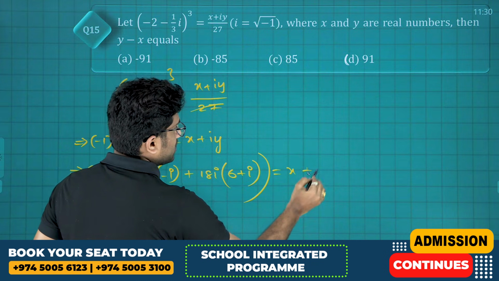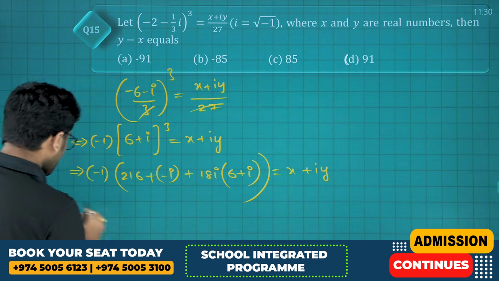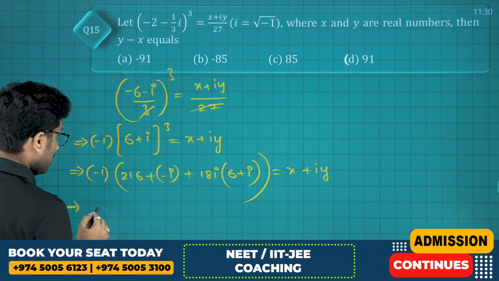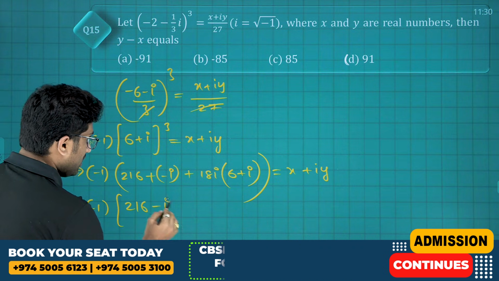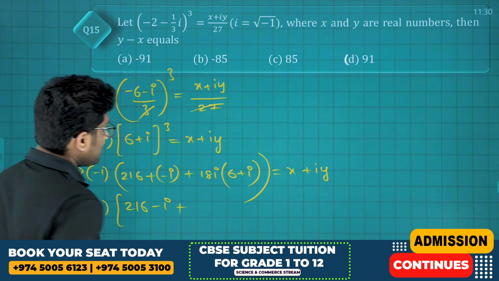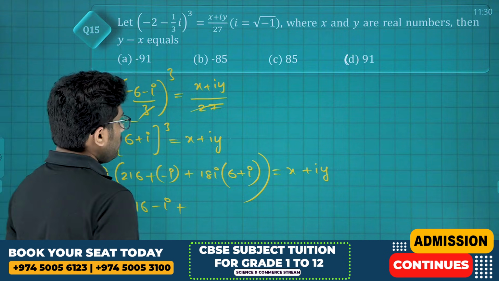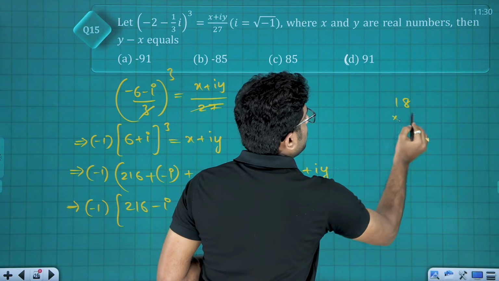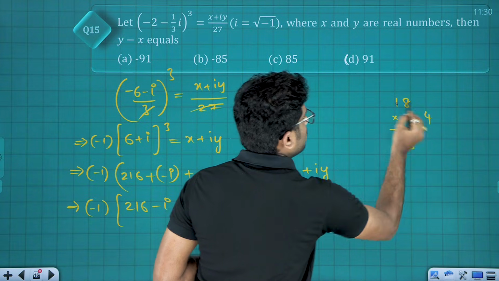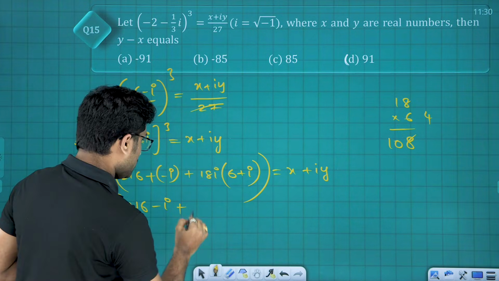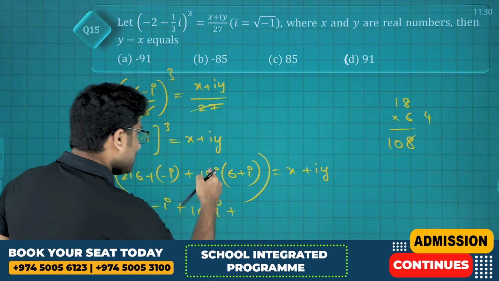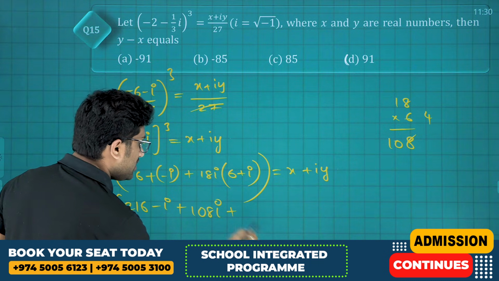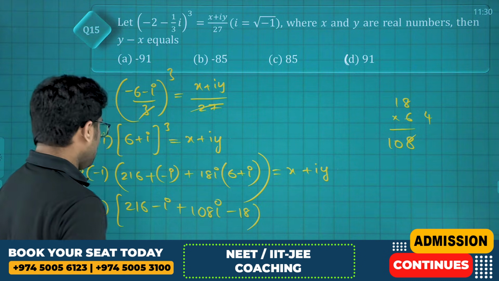is equal to x + iy. So friends, finally -1 into (216 - i + 18 into 6, 6 eights are 48, 6 ones are 6, which is 108i, plus 18i into i, 18i square, which is -18). Clear?